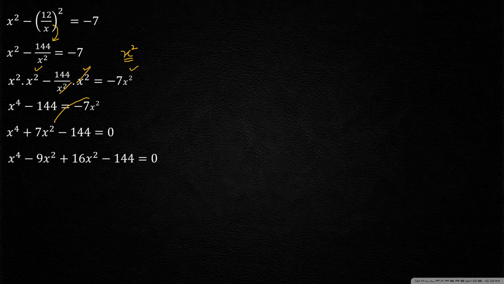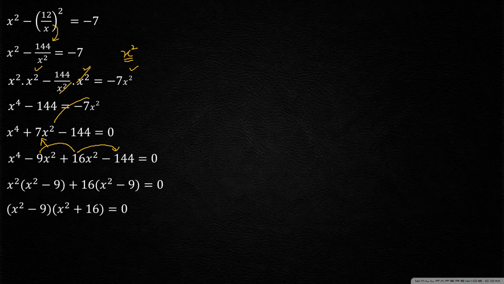As we multiply minus 9 and plus 16, we get minus 144. On adding these two, we get 7. Further simplification will give x square into x square minus 9 plus 16 into x square minus 9. It gives x square minus 9 into x square plus 16 is equal to 0. Place these two factors against 0.